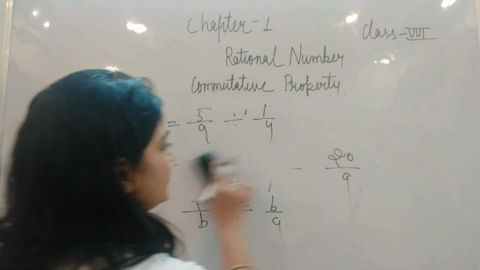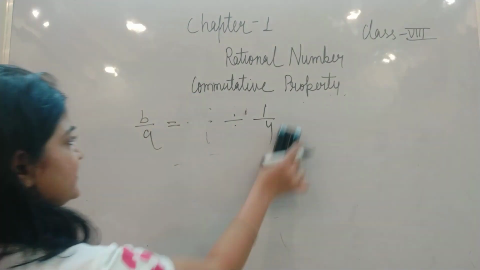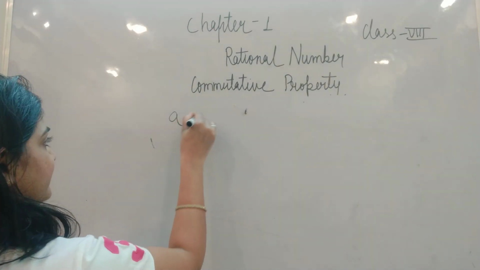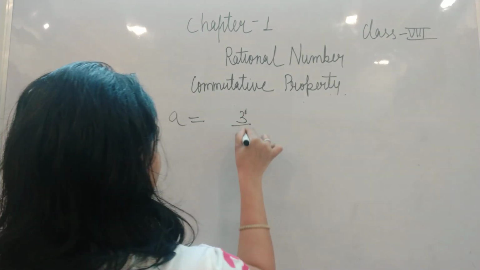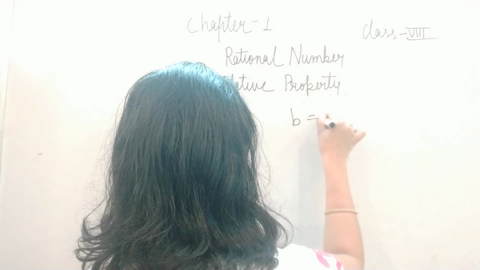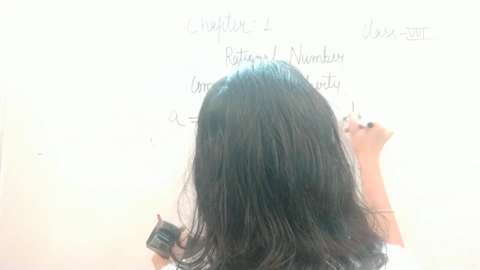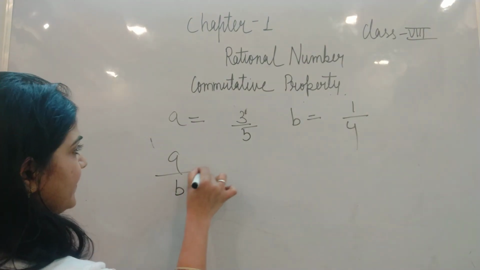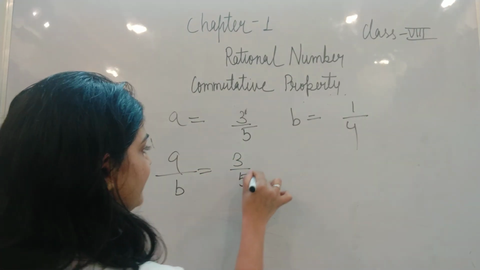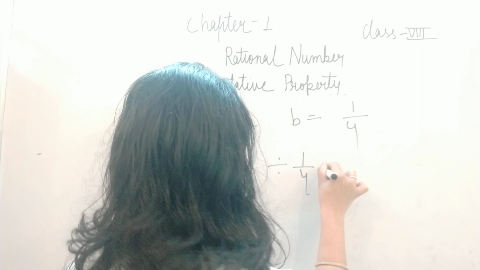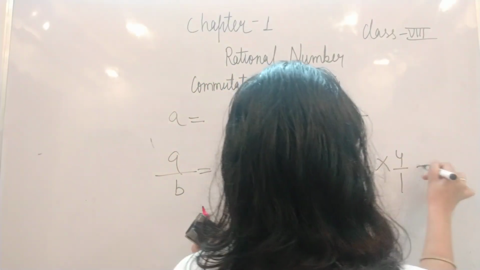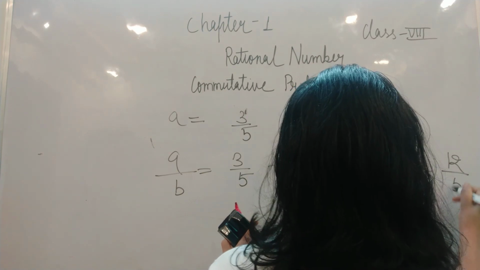I am taking another example for understanding this concept. If a is equal to 3 by 5 and b is equal to 1 by 4. Now we will do a upon b. 3 by 5 divided by 1 by 4. What will we get? 3 by 5 times 4 by 1, that is 12 by 5.